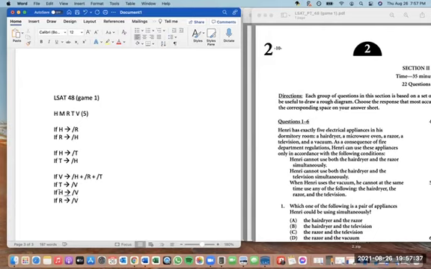The hairdryer uses the hairdryer, can't use R, T, or V. So the hairdryer could be used with the microwave. So we could have V and M, and then we have H, R, and T out. We could have H and M and have V, R, and T out.